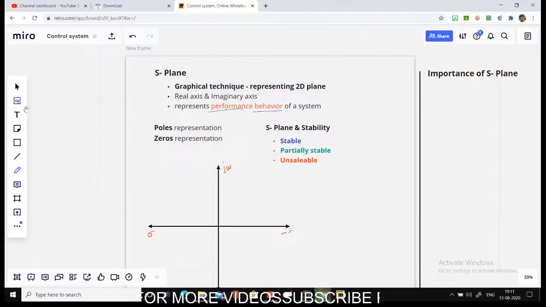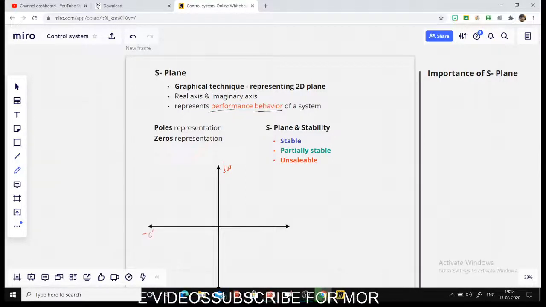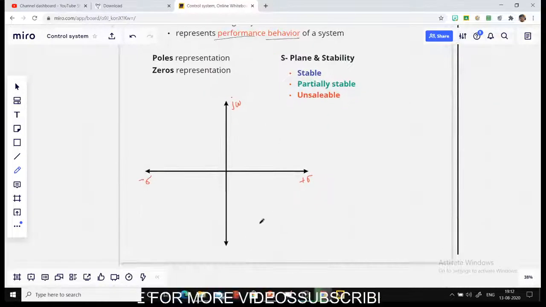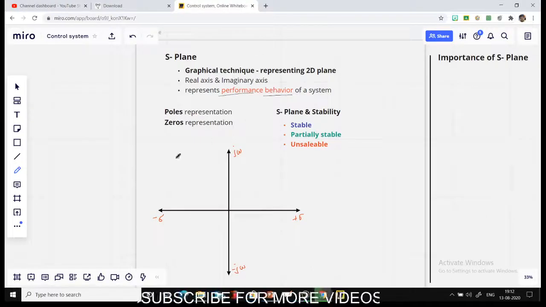Sorry, I made that mistake. This is the negative side, that is negative sigma, positive sigma, and there is j omega and negative j omega, like a normal plane.